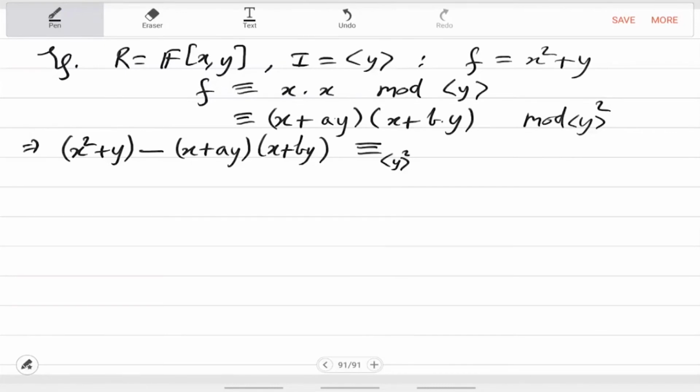So what you get is 1 from here and ax plus bx is 0.